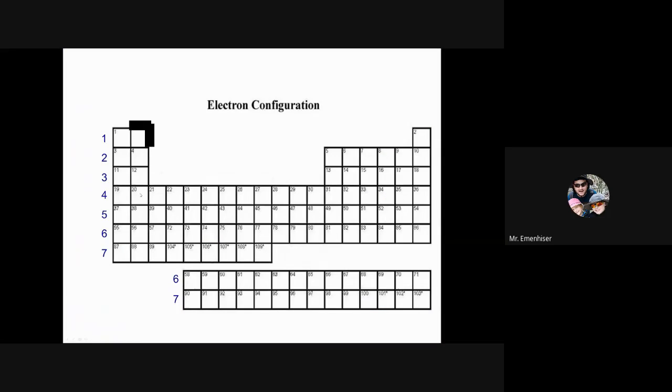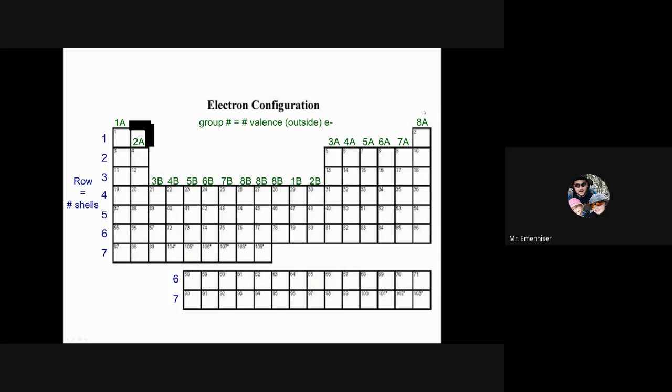Let's see what we've got here. There are our 7 principal energy levels, 1 through 7, and then 6 and 7 there. So the row number is equal to the number of shells. The group number, remember, is the number of valence electrons. So first group, second group, third group, fourth: 1, 2, 3, 4, 5, 6, 7, 8.